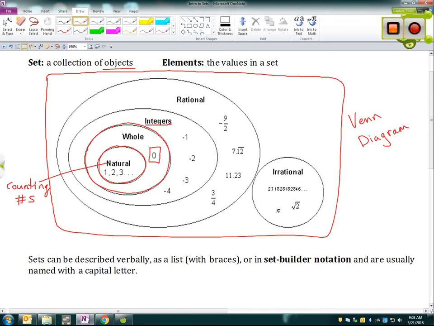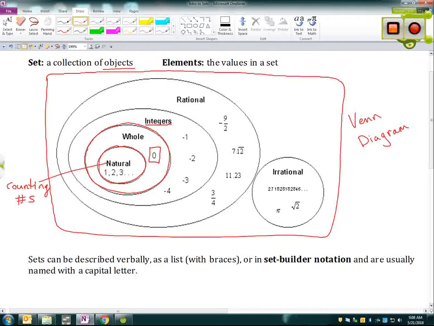But we also need to add -1, -2, -3, -4, -5, etc., all the way down the other direction. So all of these sets are infinite. There's an infinite number of values that go into each of these. But the set of integers is bigger than the set of whole numbers because we add all of the negative whole numbers as well, or I should say negative natural numbers, okay?